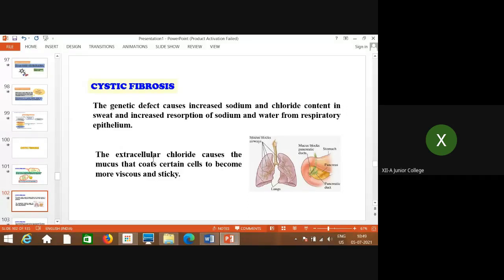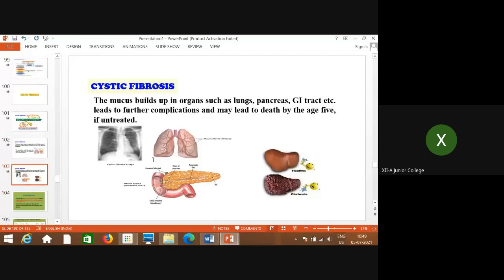So it affects parts like the respiratory system, lungs, pancreas, and gastrointestinal tract. The mucus builds up in these organs, leads to further complications, and may lead to death by the age of 5 if untreated.